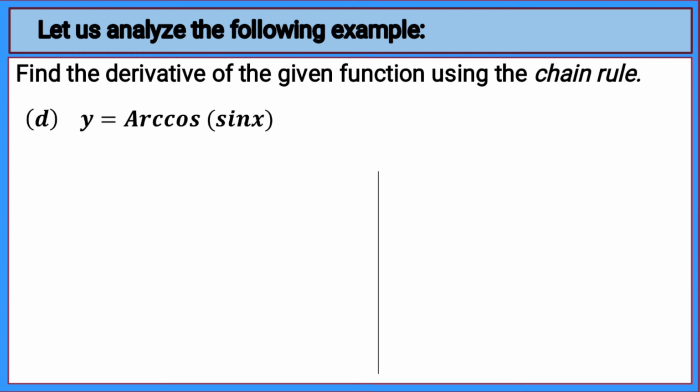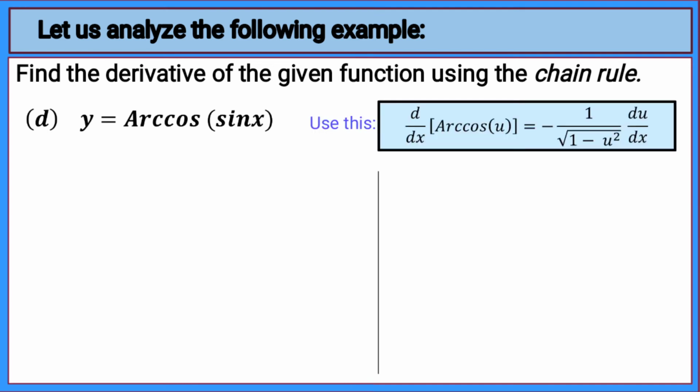Alright, now we have finding the derivative of the given function using the chain rule. Of course, you can use this format for the arc cosine of u. It will be negative 1 over the square root of 1 minus u squared times du over dx. So our given is y is equal to arc cosine of sine x, and we need to get the derivative of this.